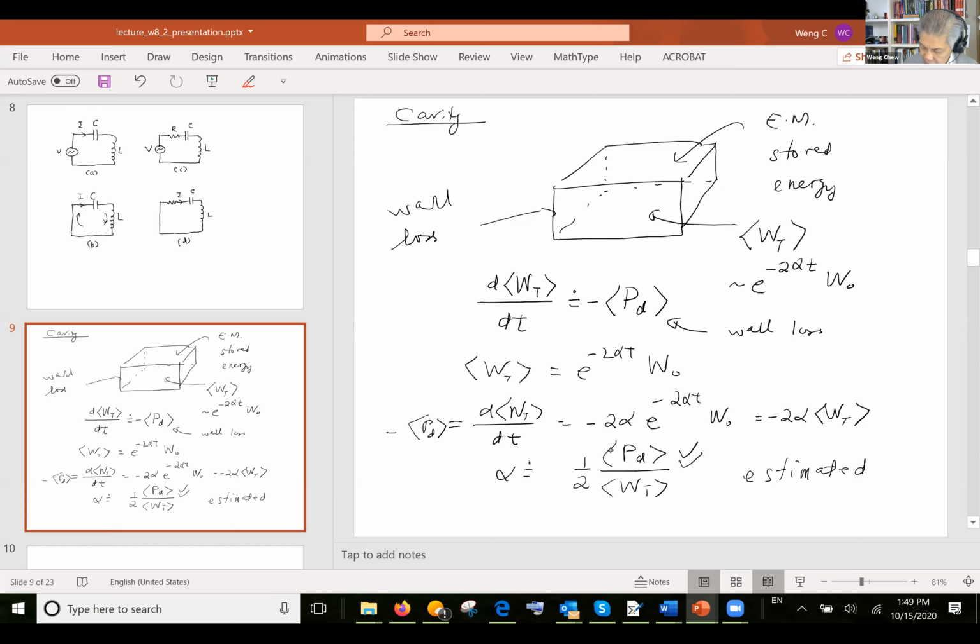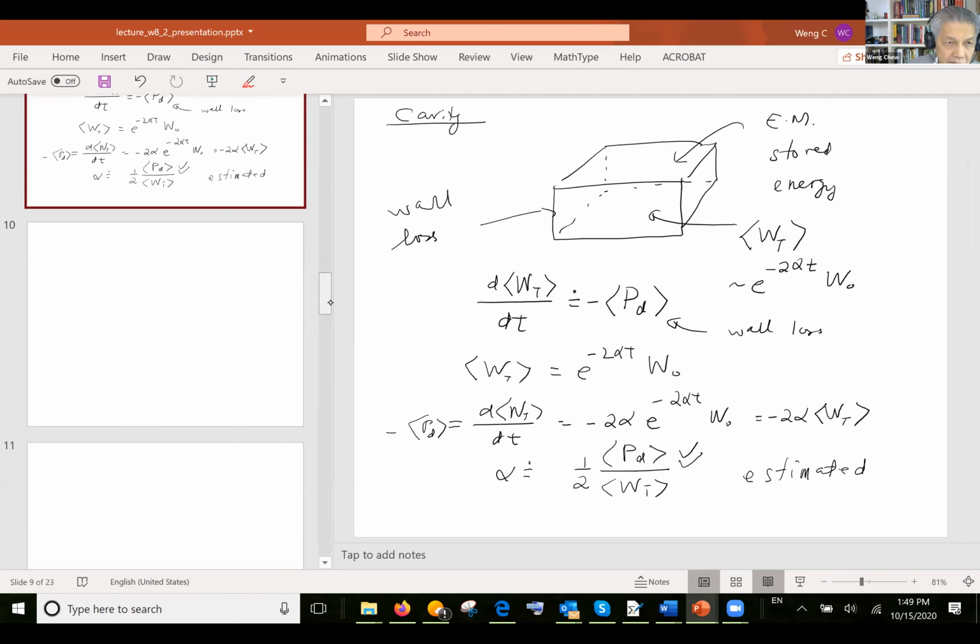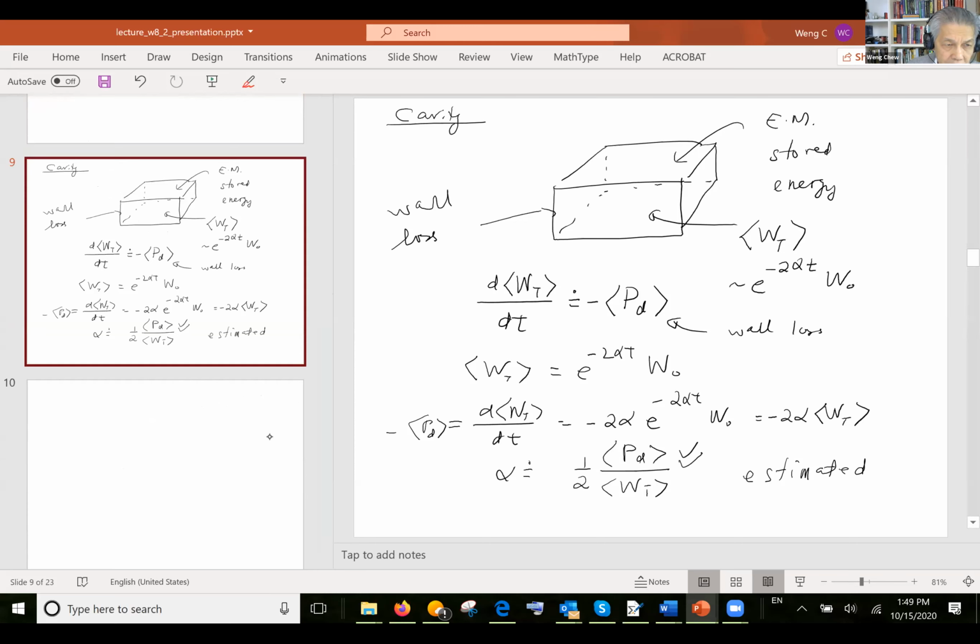So we define the concept of Q as the number of cycles of oscillations of the field before it decays to 1 over e of its original energy.